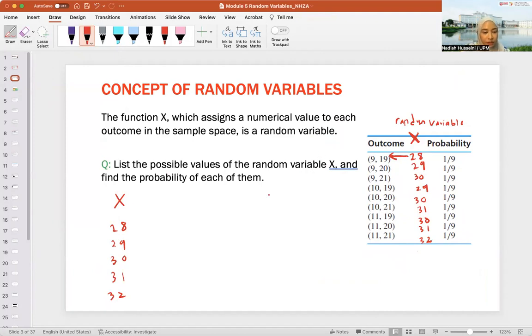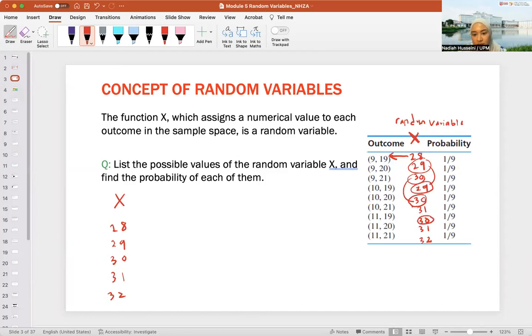The second question is to find the probability for each of them. Now, when we talk about the 1/9 here, this is not the probability for the random variable. As you can see here, we have redundant values for the random variable, which means that we can combine these two together and these two together.